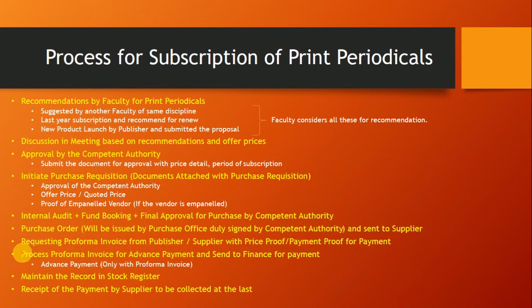Here it is very important that in case of print periodical we get a pro forma invoice because we make the advance payment. Once we receive the pro forma invoice for advance payment, we process it in the format of the organization or institute and send it to finance for the payment.